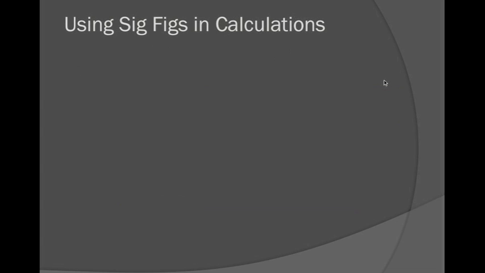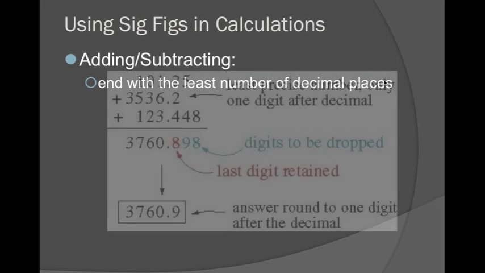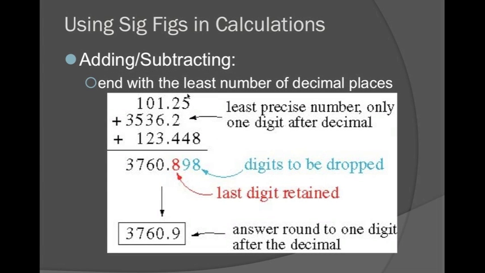Now, using significant figures, guys, if you have a problem with significant figures, you need to go back and watch the video. It's back in chapter 2 on this. Now, calculating with significant figures, when we're adding and subtracting, we always end with the least number of decimal places. And what that means is we're looking at the least precise number.